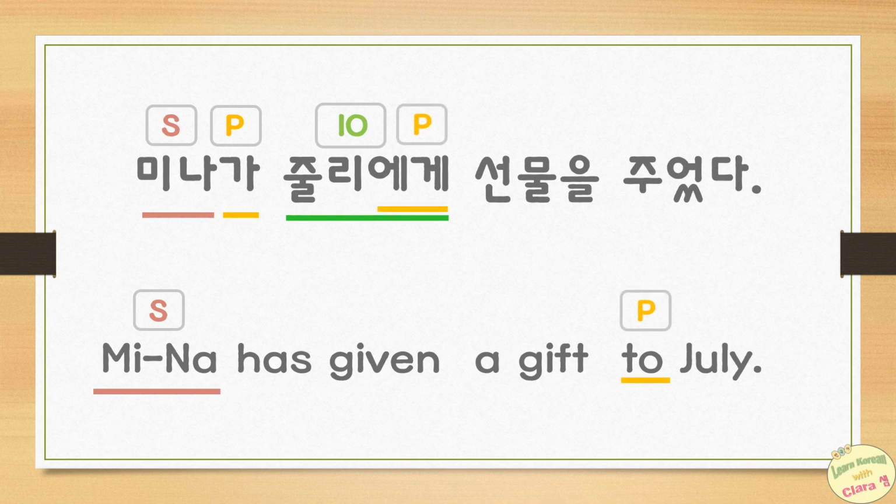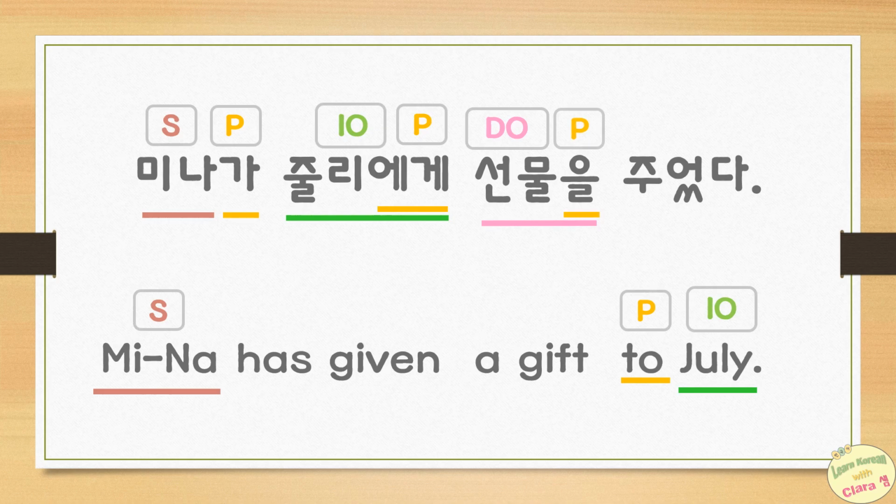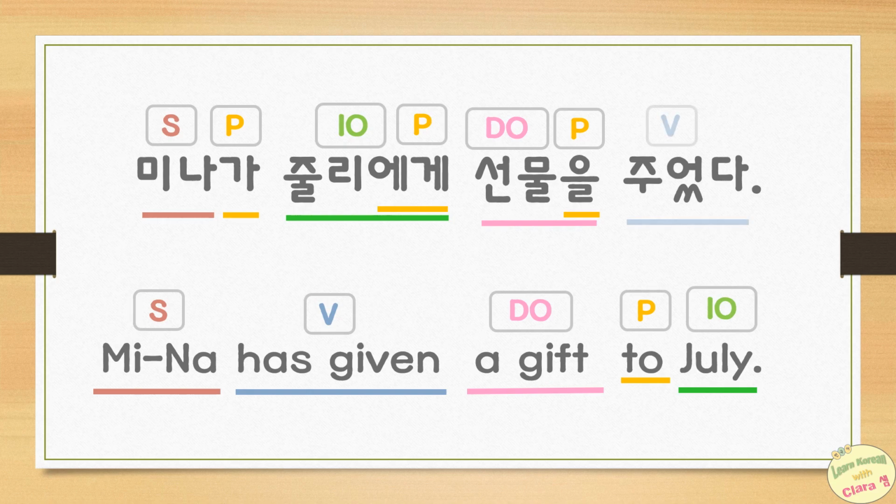So 줄리에게 corresponds to Julie in English. It is an indirect object. Then 선물 with the particle 을, 선물을, is a direct object. The direct and indirect objects are always placed ahead of the verb in Korean. And we end the sentence with the verb as you know now.